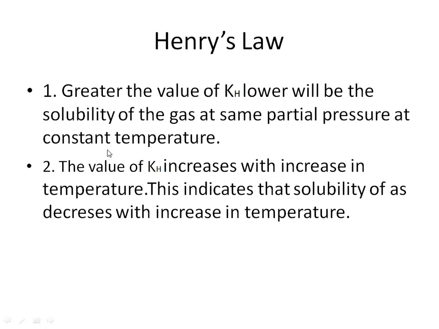Now what do you mean by this? If the Henry's constant value is greater, the solubility of the gas will be lower. That means Kh is inversely proportional to solubility, right? So Henry's constant is inversely proportional to solubility, right?